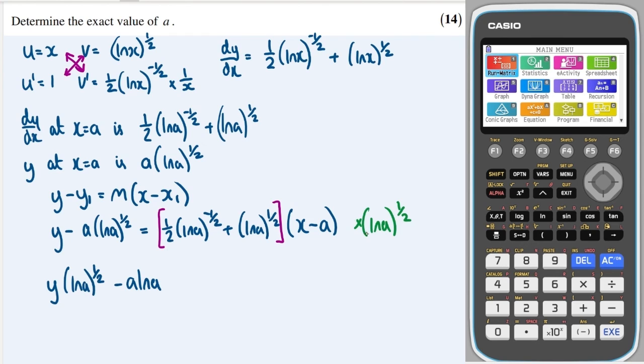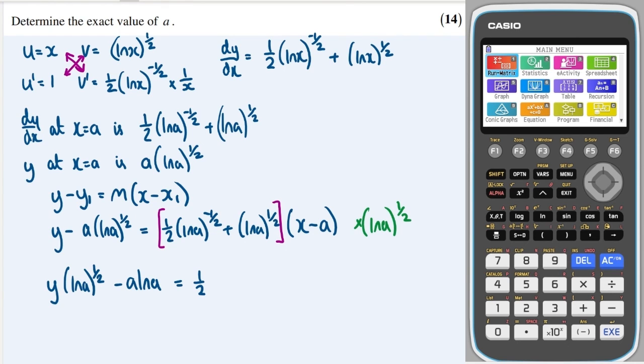And then I will just multiply this ln a to the half by this purple bracket here, which will be enough to do the right hand side. So multiplying through is going to give me, in this first term, it's just going to be a half. And then ln a to the minus a half times ln a to the half is just ln a to the 0, which is just a 1.